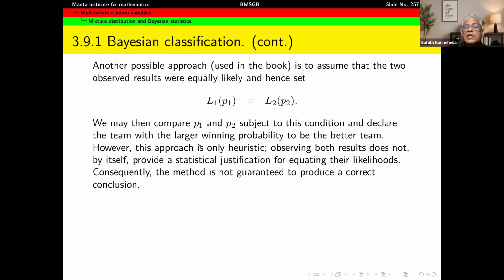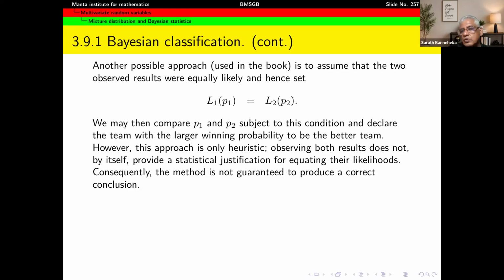However, this approach is only heuristic. It's not very justifiable, right? Assuming that both events that have already occurred have the same likelihood is not a very justifiable assumption. But nevertheless, that is what the book is applying. Observing both results does not by itself provide a statistical justification for equating their likelihoods.